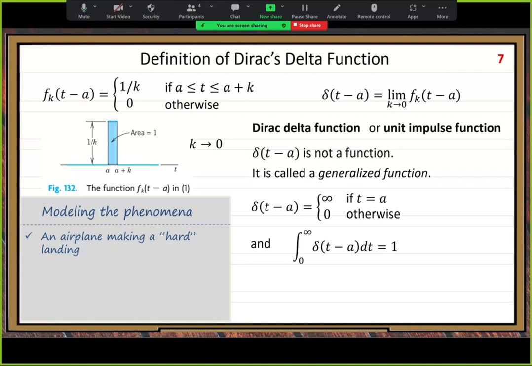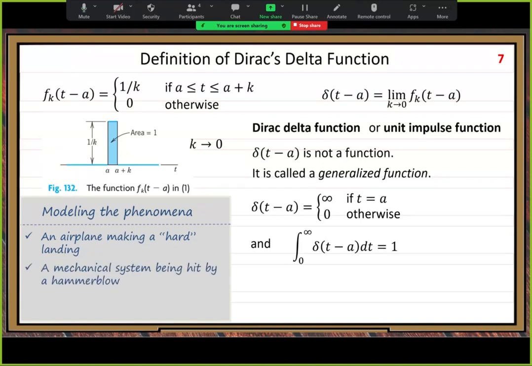The main reason is it occurs in a short period of time. That's our modeling function, right? A big hit, big force. Big force occurs in a short period of time. How do you model it, right? So we use this function to model it. So you can see, very reasonable, right?